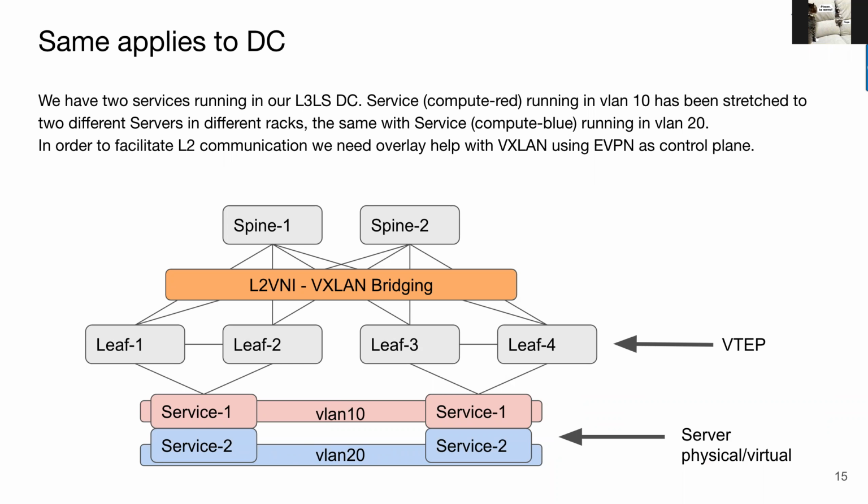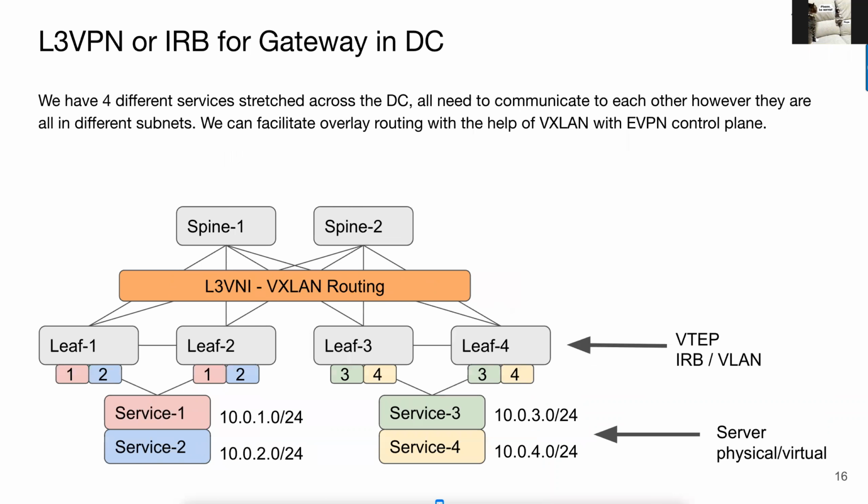And because we're going across a layer 3, we want to be able to encapsulate that without any interruption of service or any fancy configuration. The same with layer 3. So these designs aren't anything new from what we learned in VXLAN. The difference now being that we're using EVPN as our control plane.